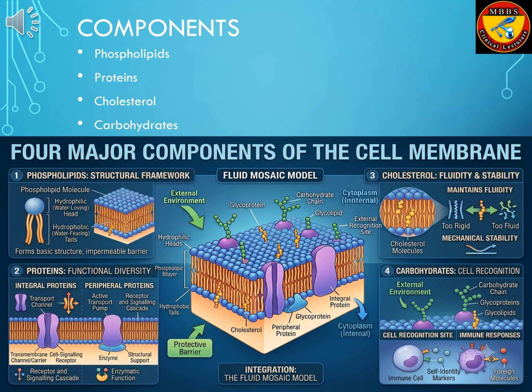The third component is cholesterol, which is present mainly in animal cells. Cholesterol maintains membrane fluidity and provides mechanical stability. The fourth component is carbohydrates, which are attached to proteins and lipids, forming glycoproteins and glycolipids. These carbohydrates help in cell recognition and immune responses.